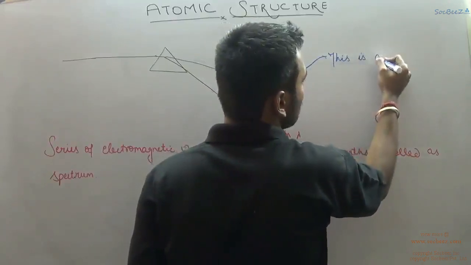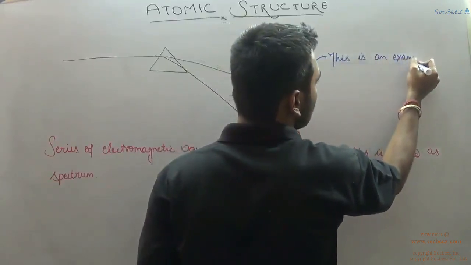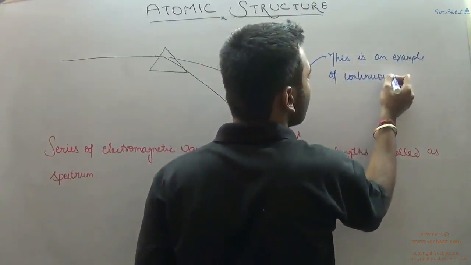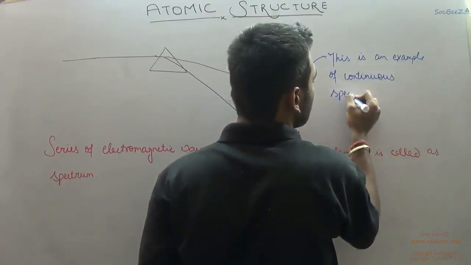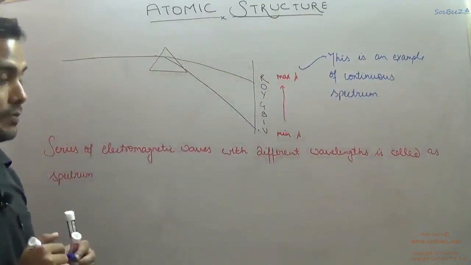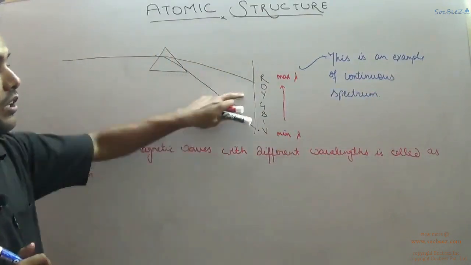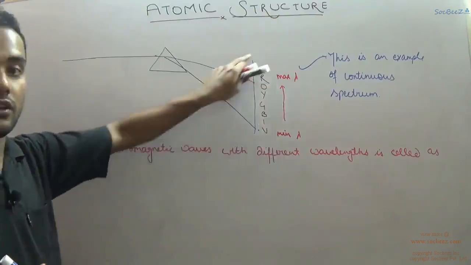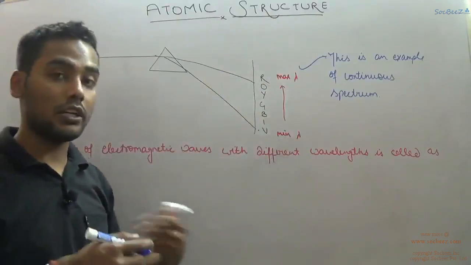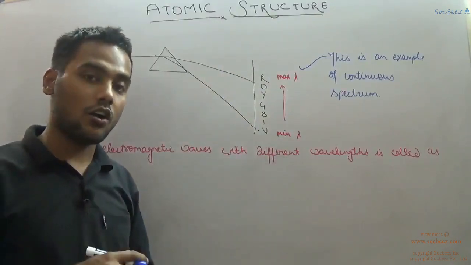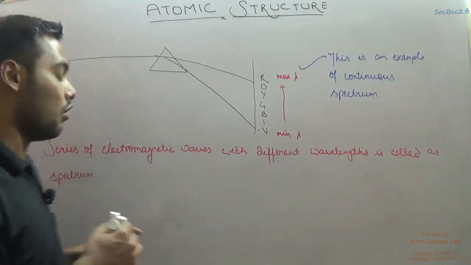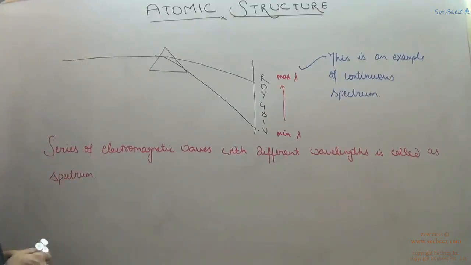This is an example of a continuous spectrum, and we are able to see it only because it falls in the visible region. We are not able to see the ultraviolet rays of sunlight because they fall in the ultraviolet region of the electromagnetic spectrum.